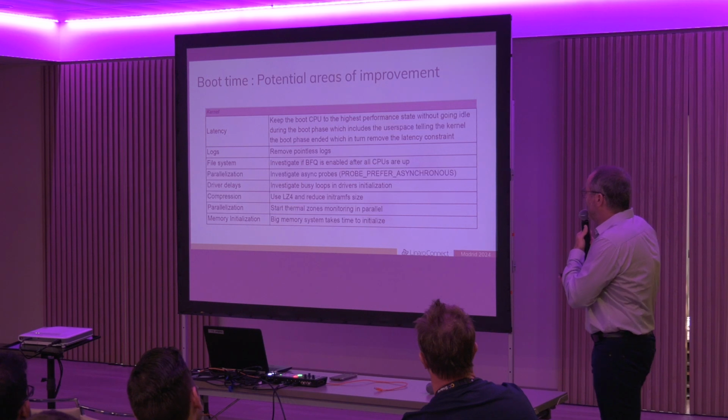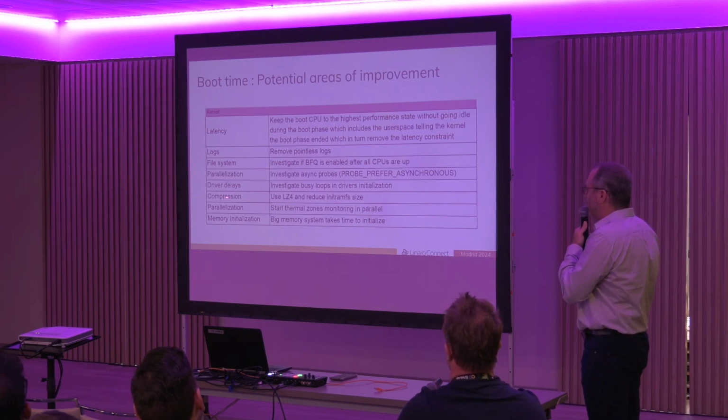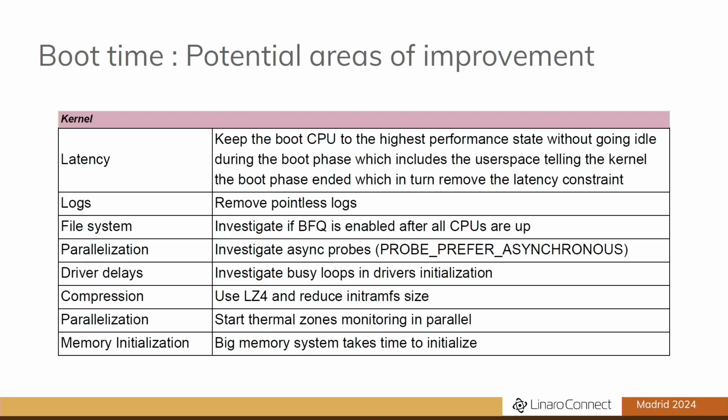From the kernel side, we have a set of things. For example, compression: use LZ4 and reduce the initramfs. That's a common way to optimize the boot time, so it's not really interesting in terms of a generic framework. But we have things like parallelization.